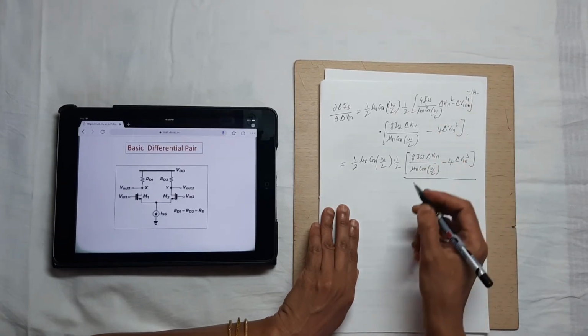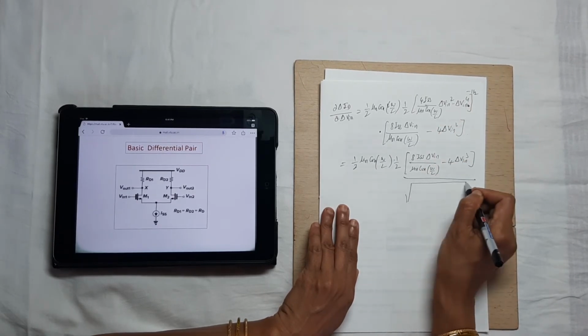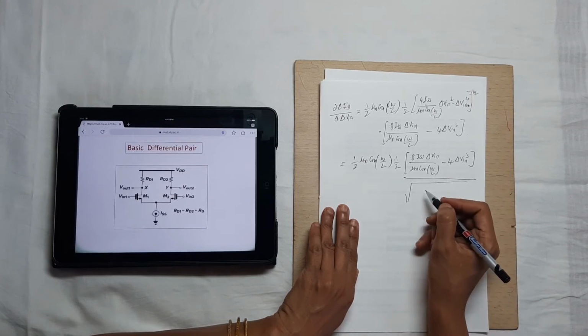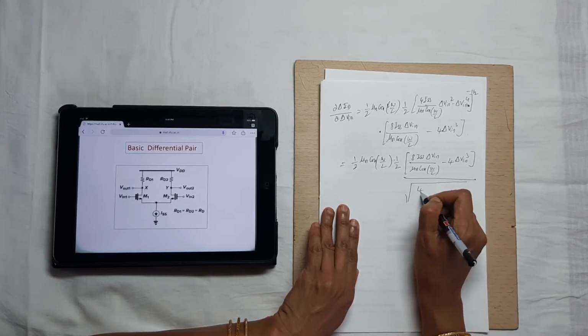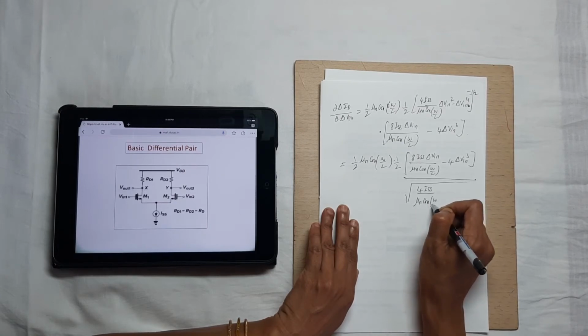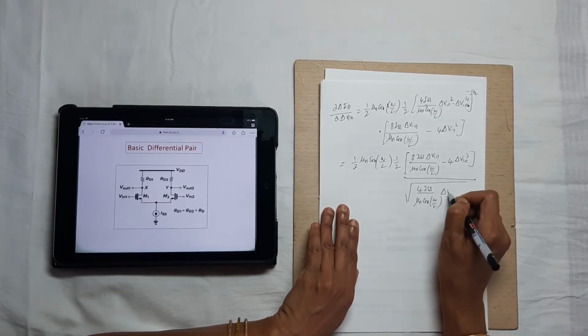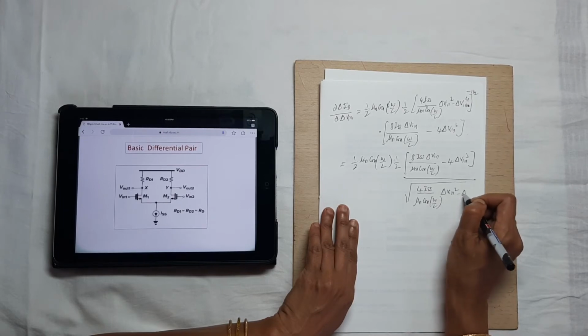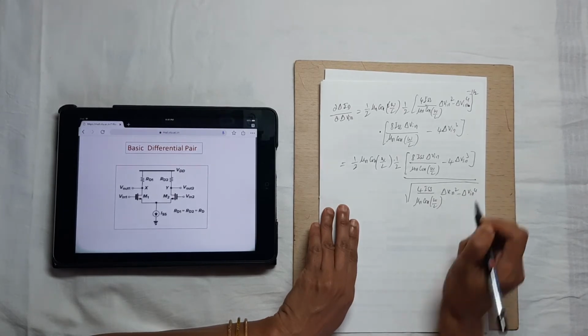Since it is to the power of minus half, take it in the denominator: square root of 4 ISS divided by mu n Cox W by L delta Vin square minus delta Vin to the power of 4.